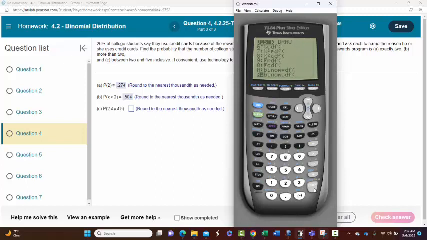It's binom CDF, and it was 10 trials, P is next, I'm sorry, 0.26, and 2 successes. Now the X value is 2. Ta-da! Look at that. 0.504.